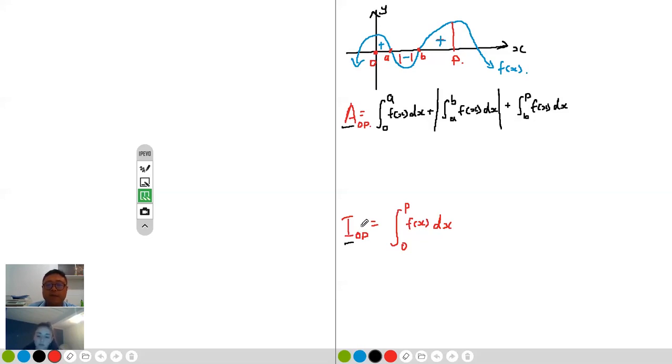That will help you determine whether you use this approach where you split things up and find the absolute value of any negative bits, or whether you just integrate. So if they ask for the area, I'd have to draw it to make sure there's no negative. Absolutely. If they're asking for the area, you can't go wrong. Well, you can go wrong, but you're going to be much better off if you graph it.